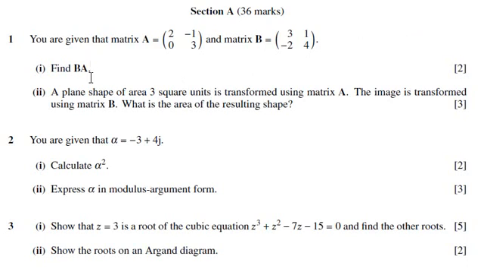You're given that matrix A is 2, -1, 0, 3, and matrix B is 3, 1, -2, 4. You have to find BA. And remember, matrix multiplication is not commutative, so you can't do AB. You have to do BA. Well, that's what we need to do right now.